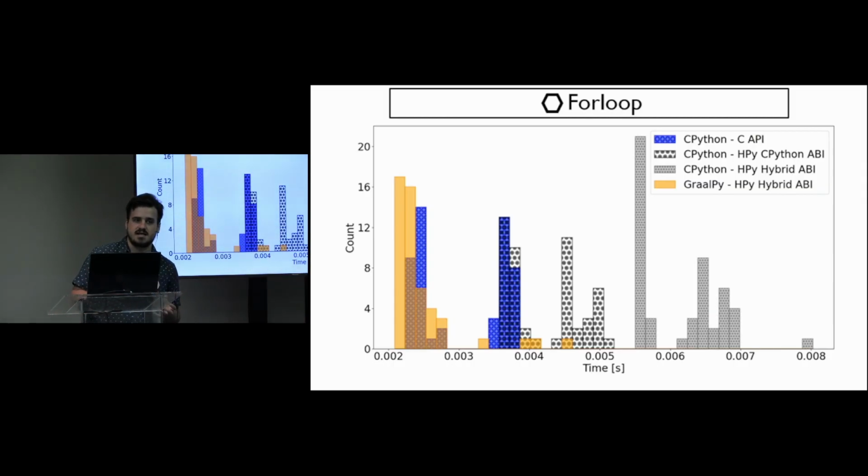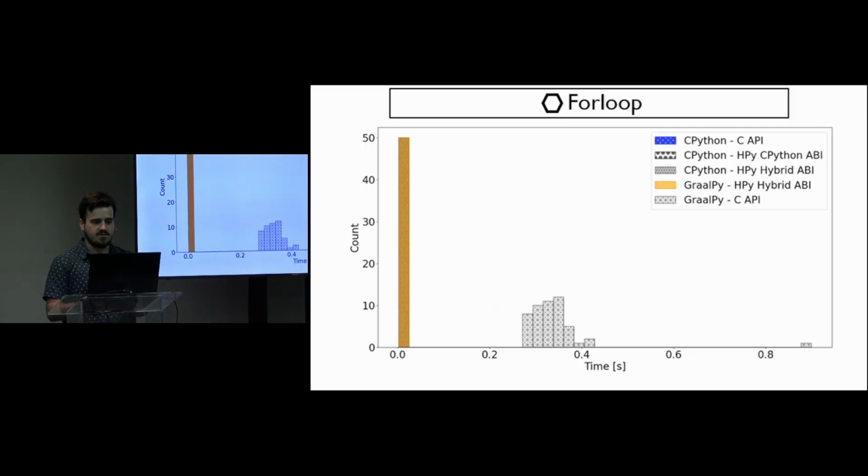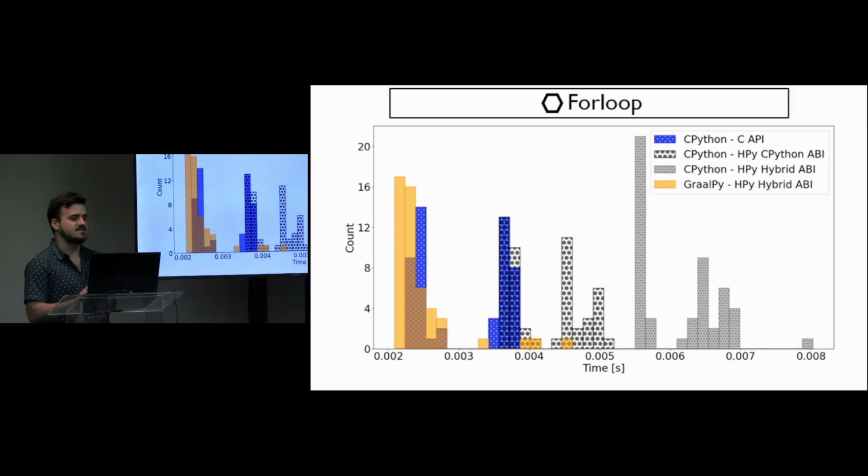CPython on the C API is incredibly efficient. And also, when you include the optimization Cython does, it's quite nice that we managed to beat this. If you check, this is a peak here of about 2 milliseconds, and if you go back, this is around 0.3 seconds. So that's an increase of about 150 times.